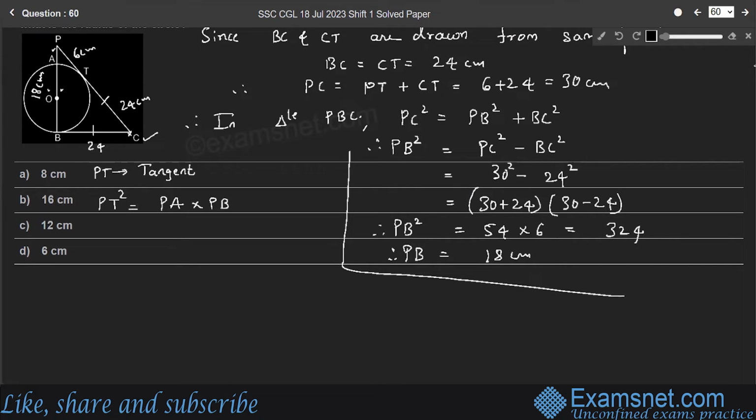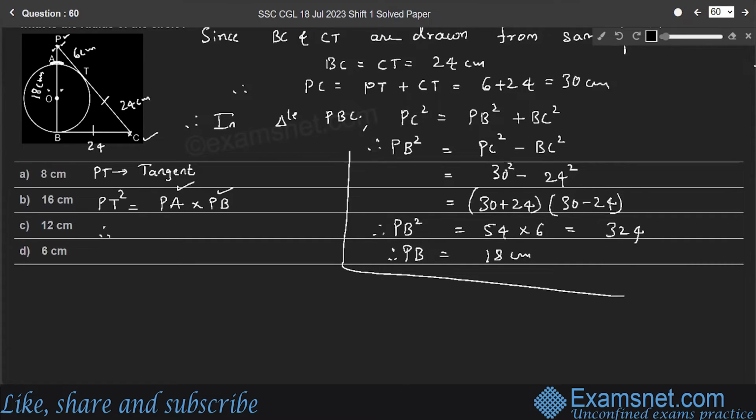The square of the tangent is equal to the product of the line drawn from the point P, through the center of the circle, right? Which is PB into PA, right? Here PA is the line from the point to the point of contact on the circle, right? Only this part into the whole part PB.